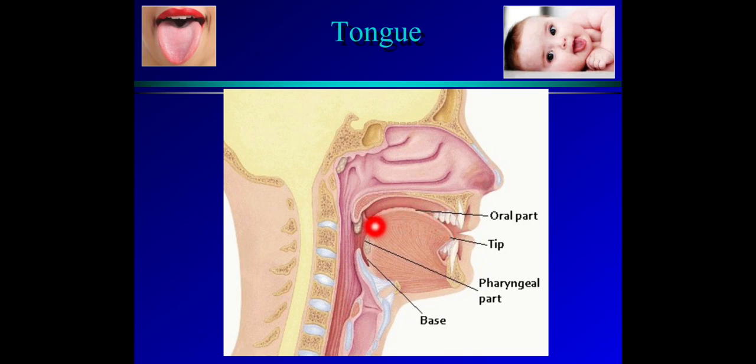The dorsum of the tongue is divided into the anterior 2/3 part, called the oral part, and the posterior 1/3 part, called the pharyngeal part. So this is the section passing through the tongue that we have seen.